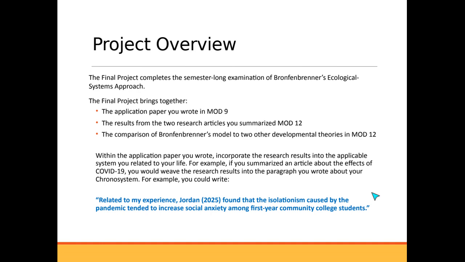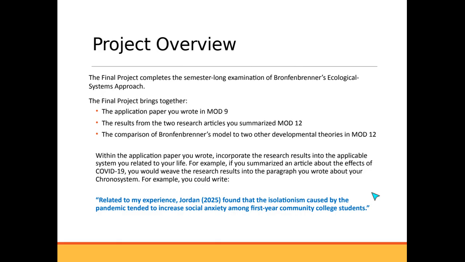It's just adding to your application of those different systems and the elements of your life that you wrote about in the systems. It's just adding the scientific support or evaluation or addition to those different systems.